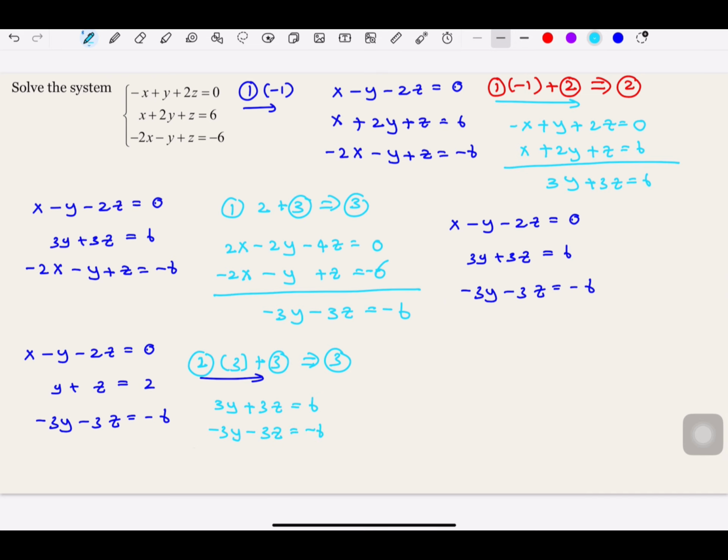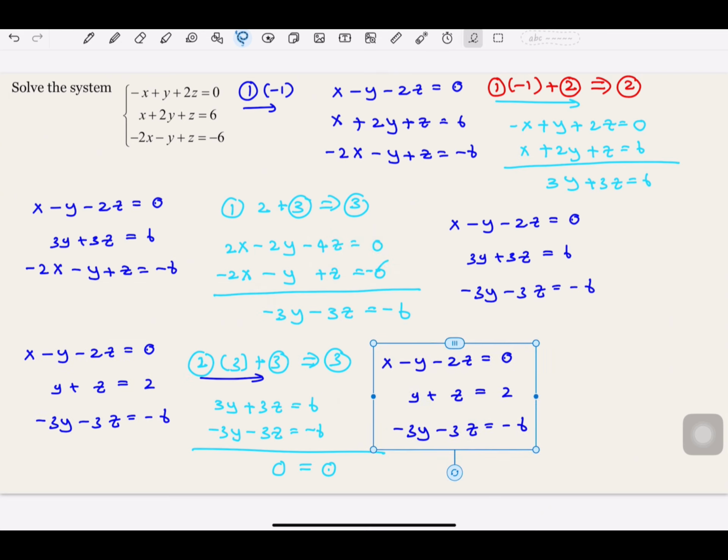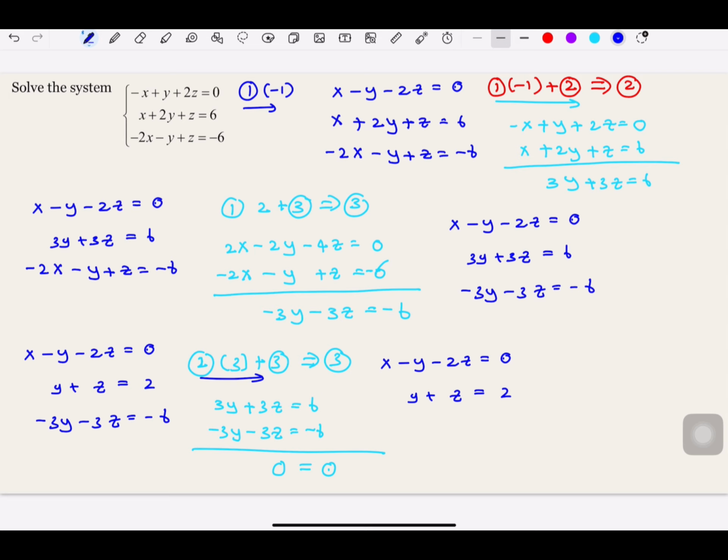Okay, if you do the addition, you get 0 = 0. So now you take your system of equations and replace your third equation. So this third equation is now 0 = 0.